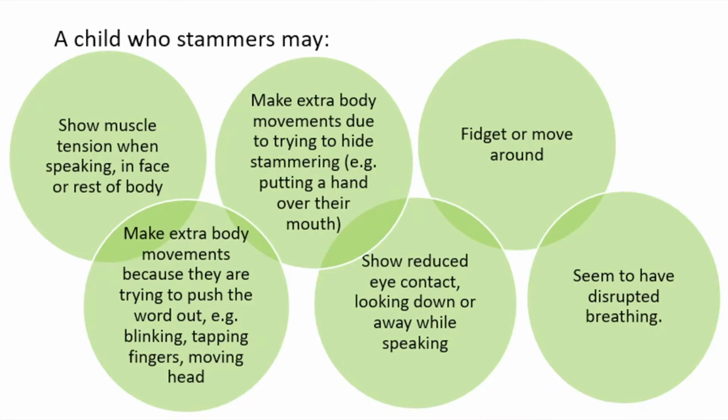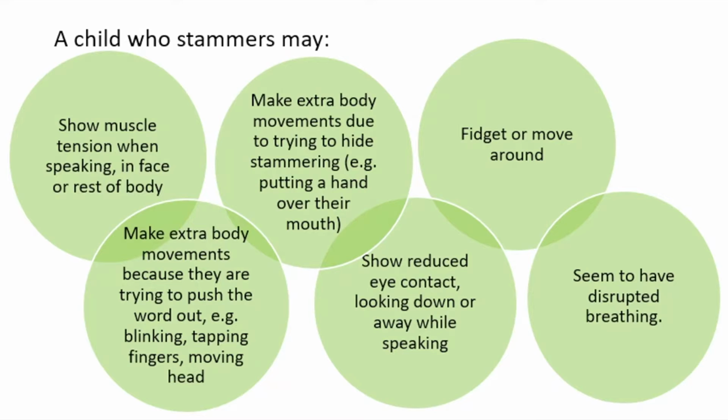Okay, so there are other secondary behaviours, or you might call them concomitant behaviours, that you might notice if your child is stammering. They might do some of these things, they might not. They might show some muscle tension when they're speaking in their face or in the rest of their body.